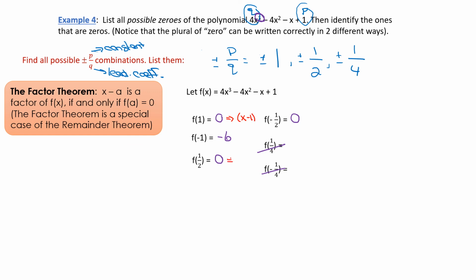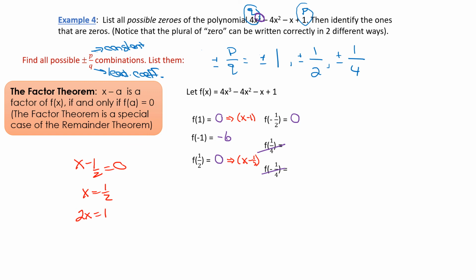This one tells me that my factor would be, let's be careful here, x minus a half, but we can't write it with fractions, so I've got to rearrange that. If we've got x minus 1/2 equals 0, I bring the 1/2 over, x equals 1/2, I multiply both sides by 2, 2x equals 1.